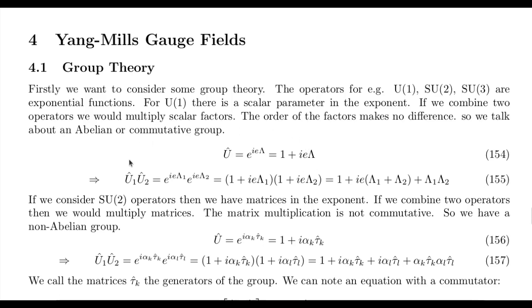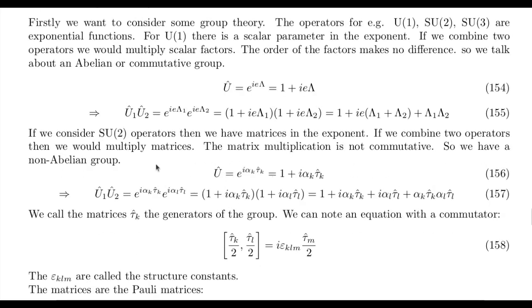If we multiply two U1 operators, then we have two exponential functions, or the terms of the Taylor series. And then if we solve the parentheses, we get this expression here, 155. Here we have the multiplication of the lambda parameters. These are scalars, so the order makes no difference.